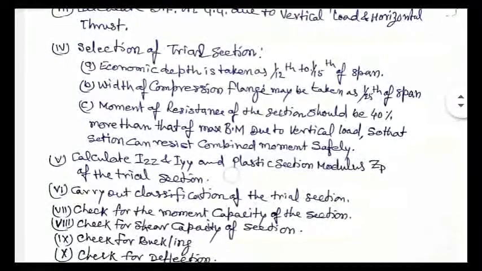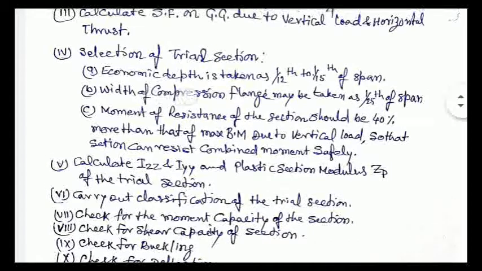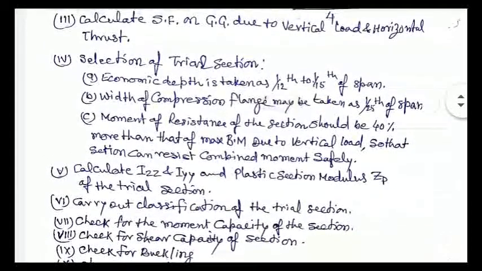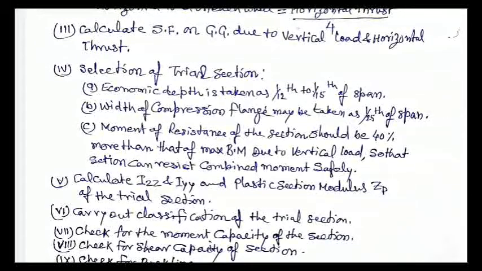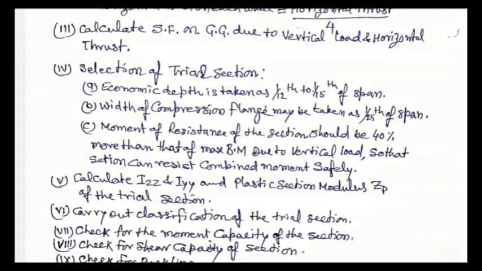Before trying the section, we have some thumb rules suggested by the code. First, economic depth is to be taken as 1/12 to 1/15 of the effective span.